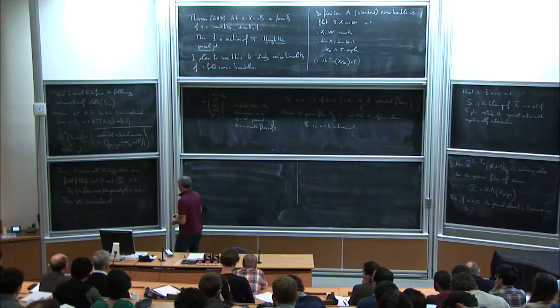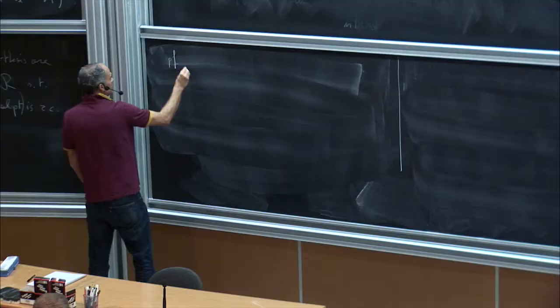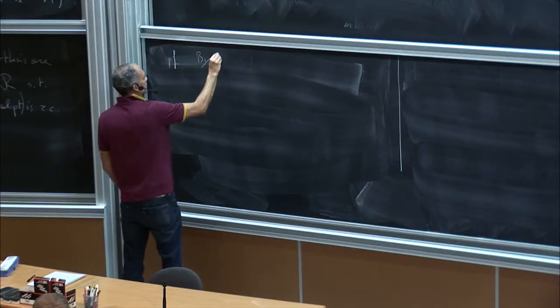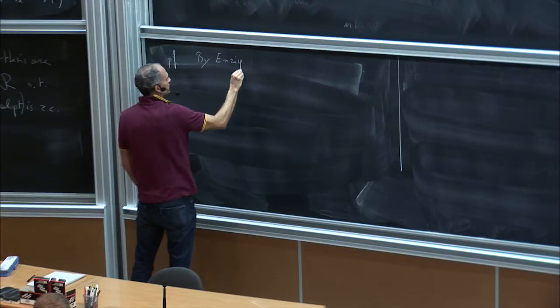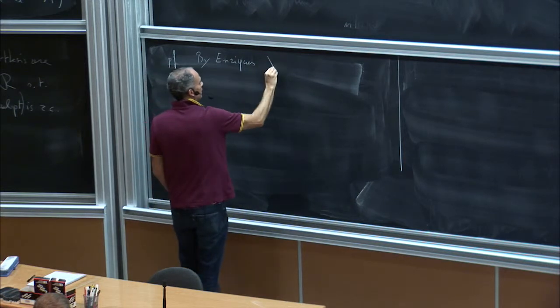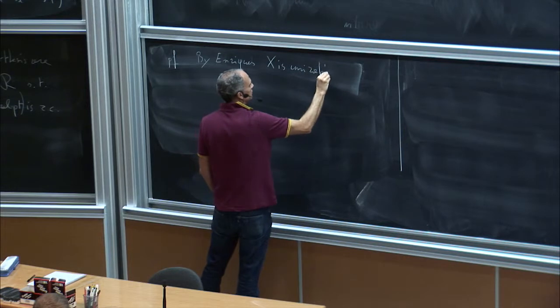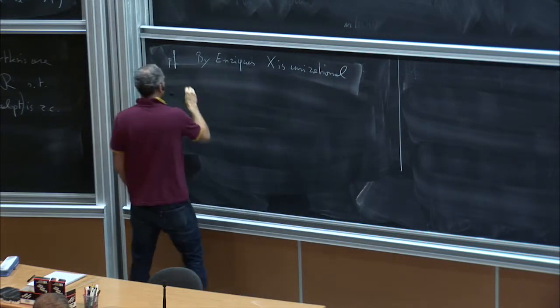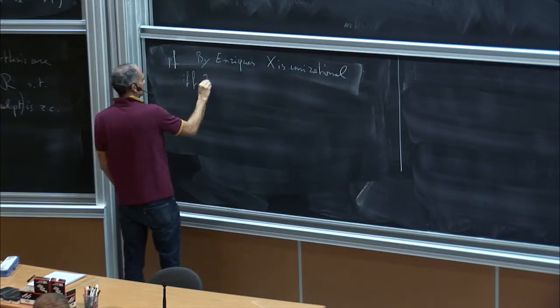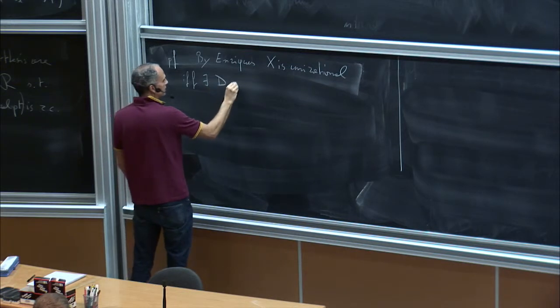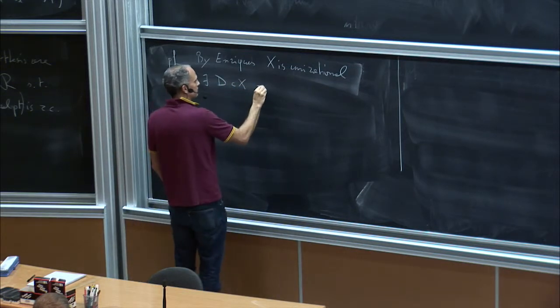So proof, so by Enriques, X is unirational if and only if there exists a divisor D rational.